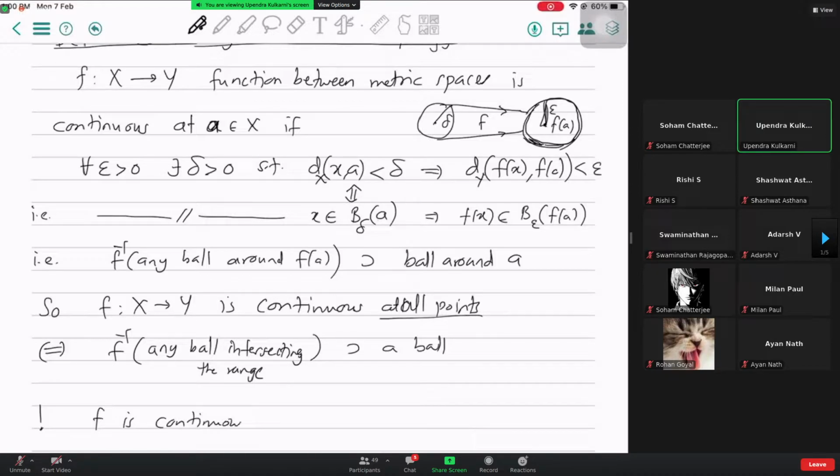So notice that f is continuous if and only if, this is really an observation now, f inverse of any open set in Y is open in X. So this may be even a double exclamation mark.